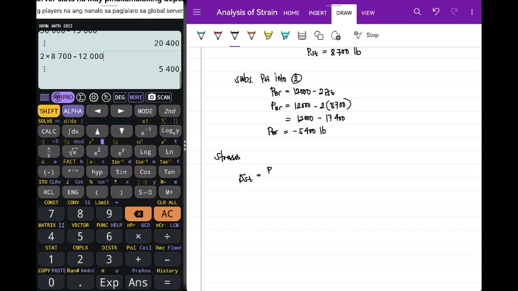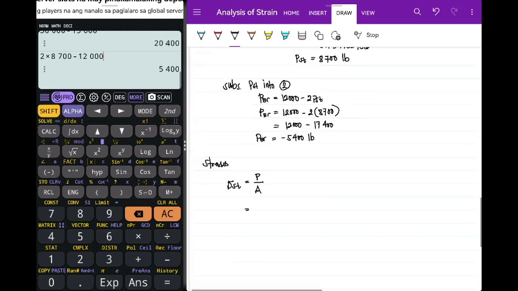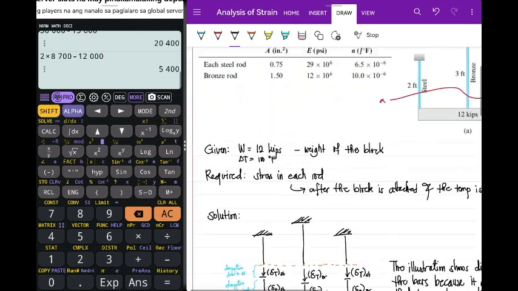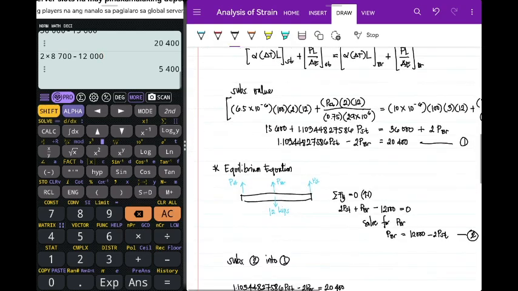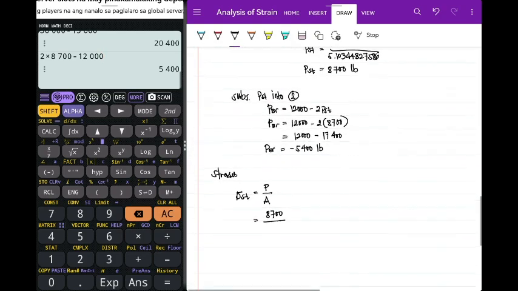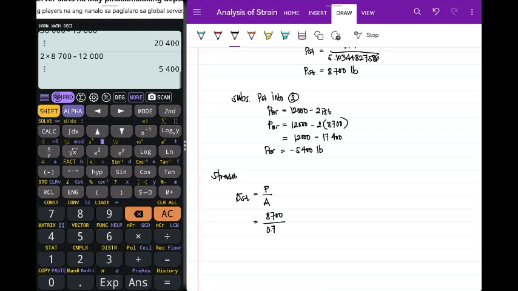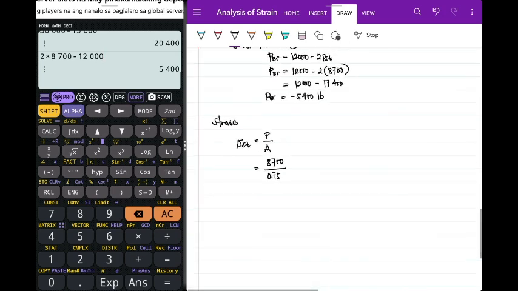Now we can solve for the stresses, simply dividing the calculated P by the area corresponding to that rod. So for steel, which has a value of 8,700 pounds, you divide that by 0.75 inches squared.